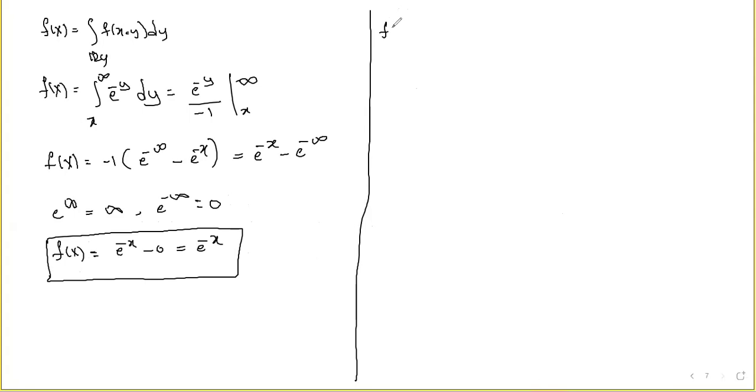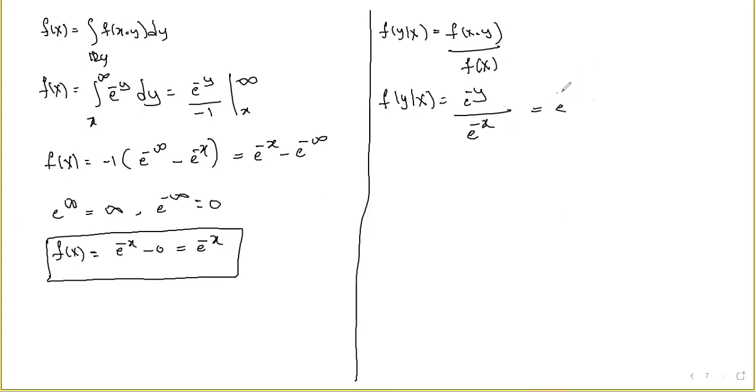Now we require f of y given x. This is nothing but f of x comma y divided by f of x. So f of y given x equals f of x comma y, which is e power minus y, divided by e power minus x, right? So this is equal to e power minus y plus x.